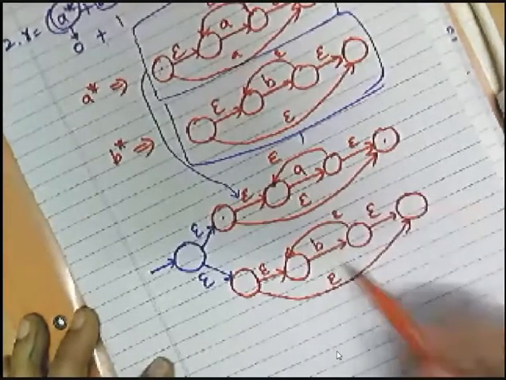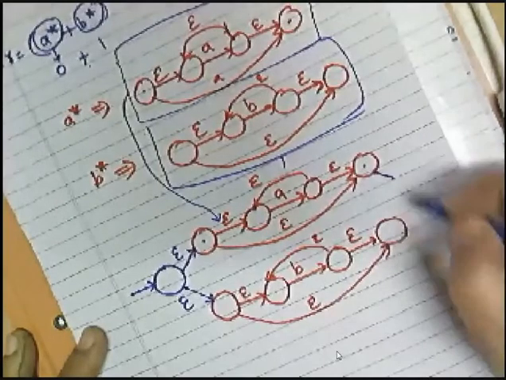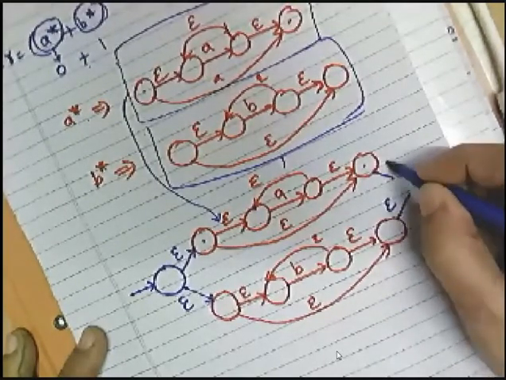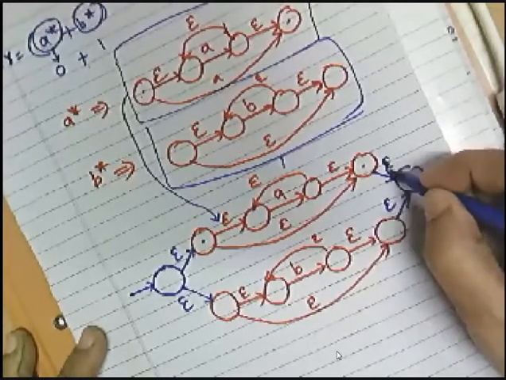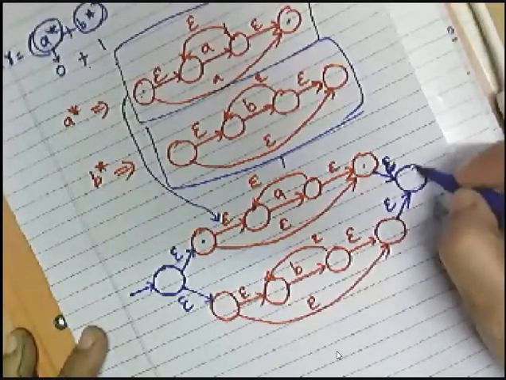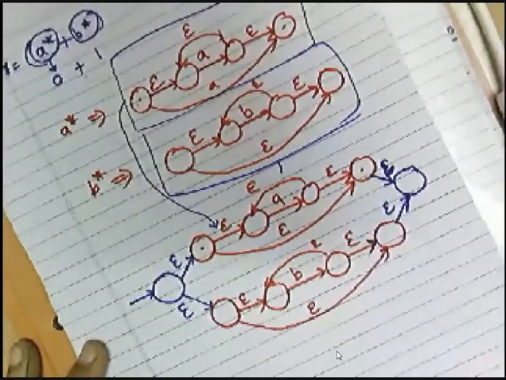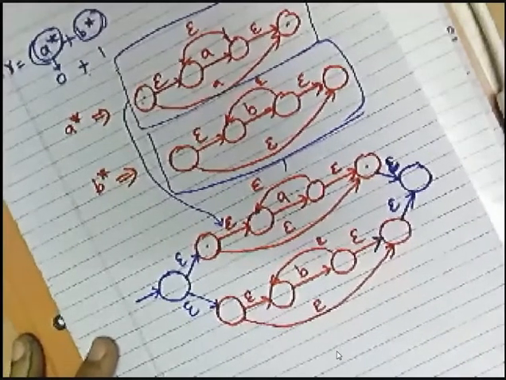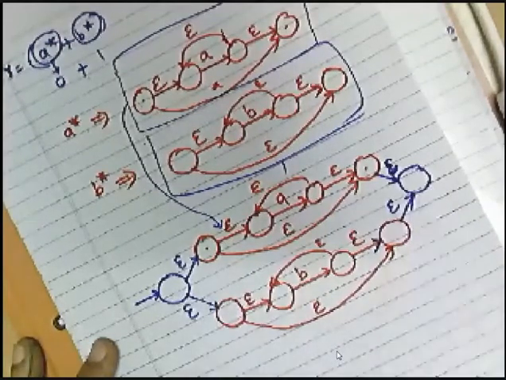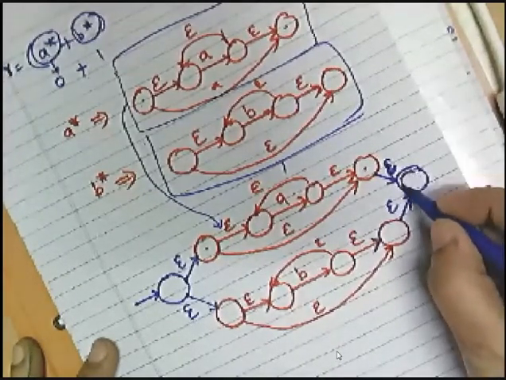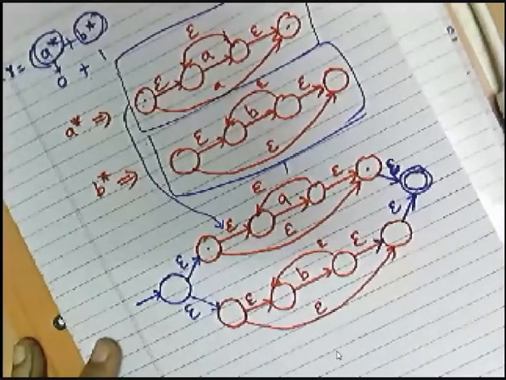This is now acting as my A and B. With this alternation path, now I need to join this with the help of this epsilon transition. So can I say now this is my A star plus B star? This is my A star, this is my B star, and now there is an alternation path. As it is a finite automata, I need to mark this as a final state, right? How many states will be required?